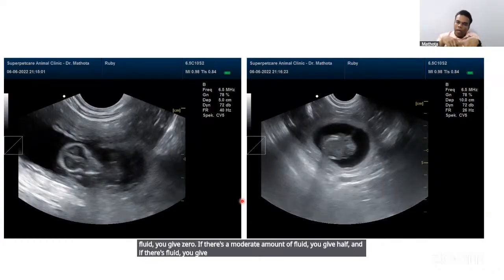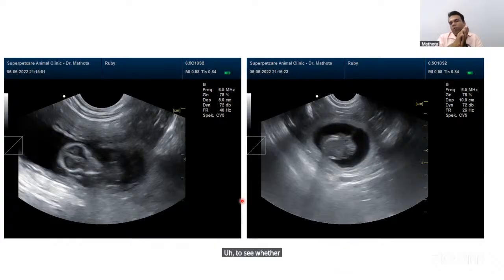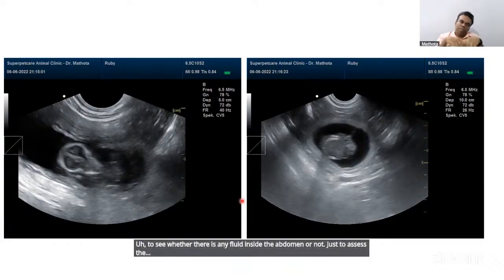Then you collect those scores and you give the abdominal fluid score. That is the AFAST scanning. Usually we do AFAST scanning to see whether there's any fluid inside the abdomen or not, just to assess, because sometimes there may be bleeding, bladder rupture or other conditions.